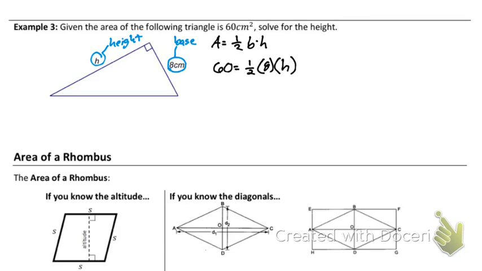Well, let's just do this 1/2. So I'll have 60 equals 1/2 of 8, which is 4, times h. Divide both sides by 4, and we're going to have h equals 15. It is just regular centimeters because it's a length. It's not the area.